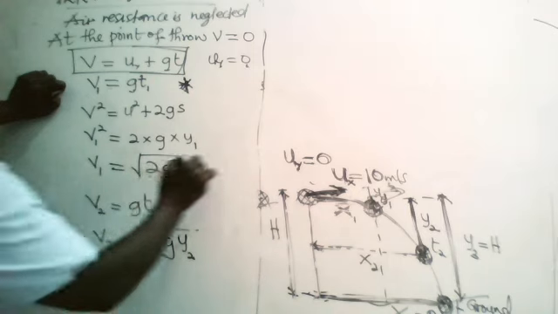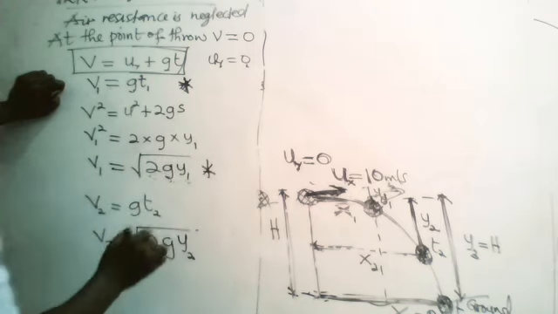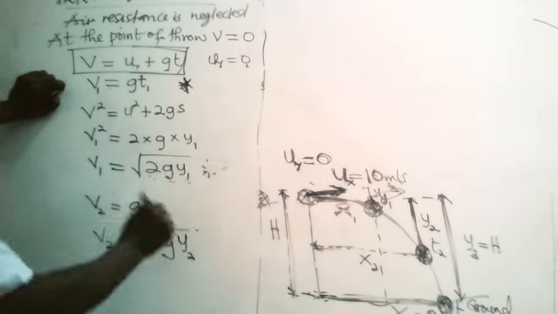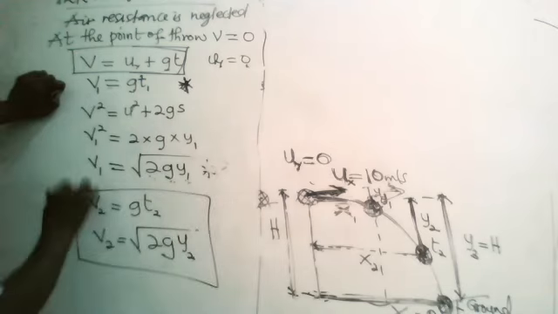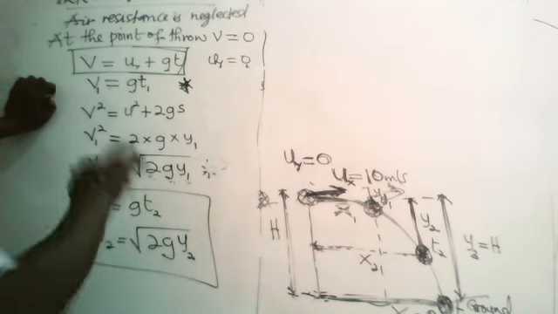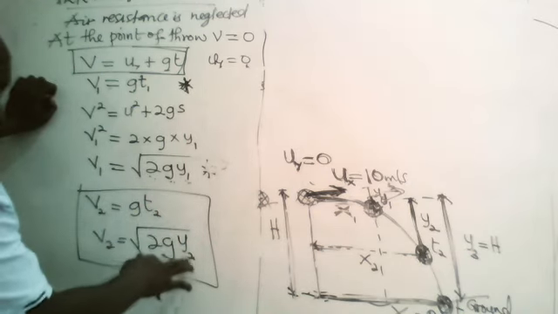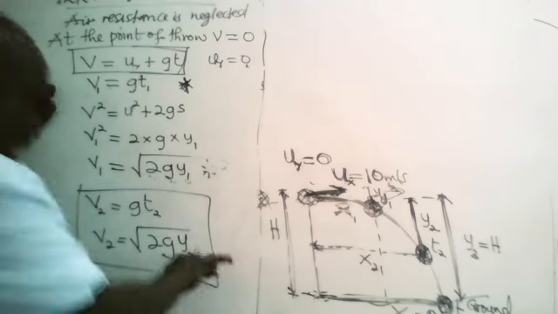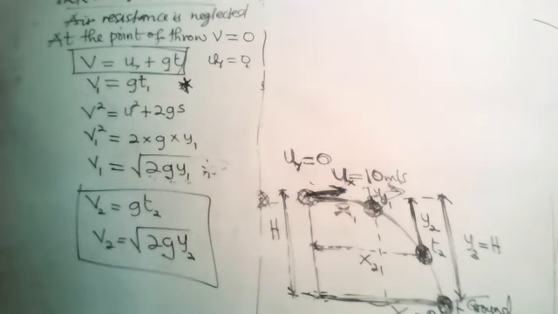So either this one or this one would give you the velocity at that time, and those values must be equal. If you use time, what it gives you must be the same as if you use the vertical height. Are we okay?